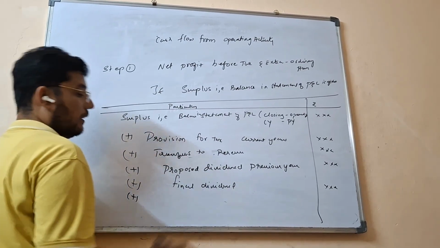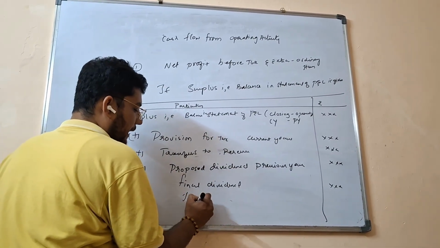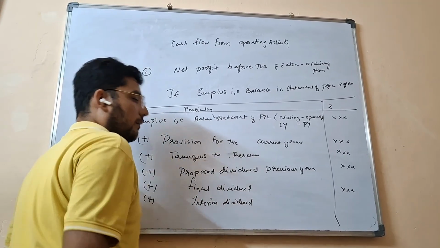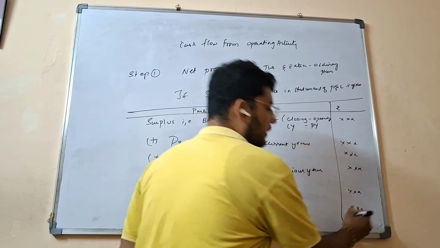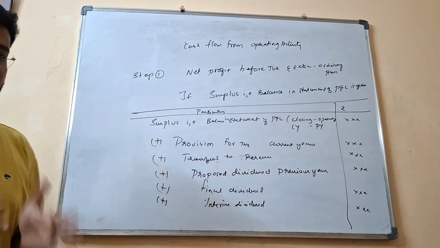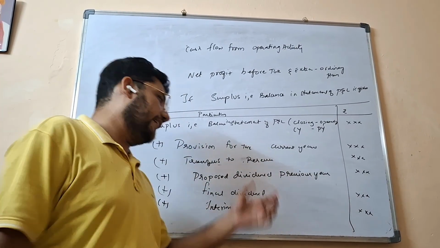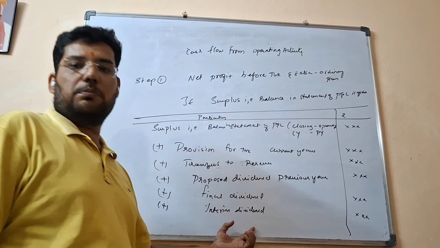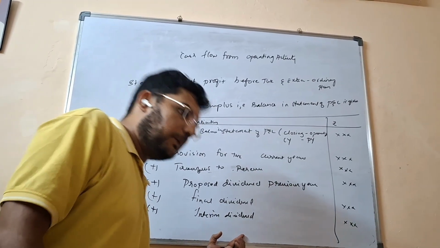Plus interim dividend. Mind you, interim dividend, they won't give you 2 years, but sometimes if they give 2 years, always interim dividend is paid in between two balance sheet dates, and it is paid to equity. So whenever interim is paid, you need to pay preference shareholders as well.